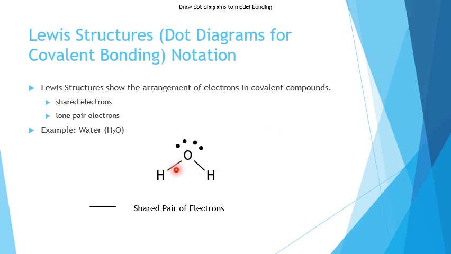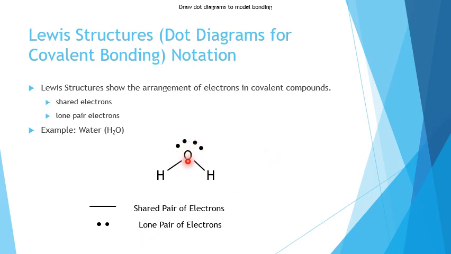So this line here between the hydrogen on the left and the oxygen is 2 electrons. And the line on the right between the hydrogen on the right and the oxygen is also 2 electrons. So the hydrogen on the right and the oxygen are sharing 2 electrons. The hydrogen on the left and the oxygen are sharing 2 electrons. The dots represent lone pair electrons, and we do talk about them in pairs. We will typically draw them in pairs like you see here.